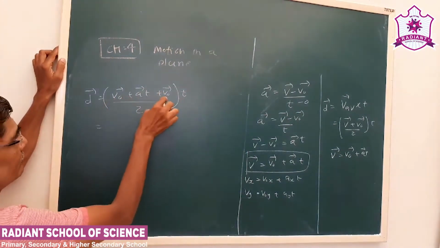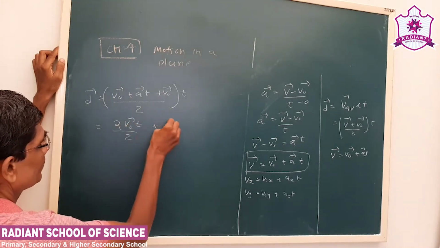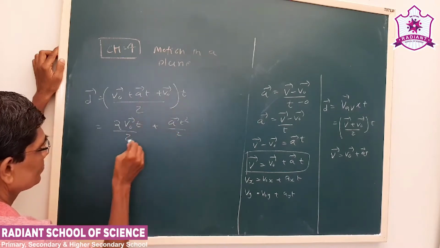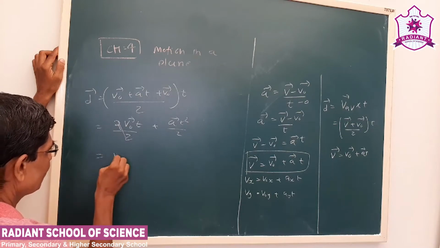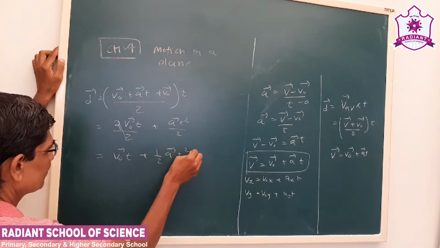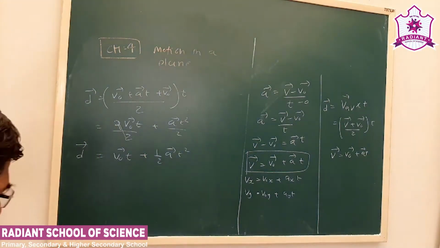Now 2v0 into t by 2, plus at square, that is 1 by 2 at square. That will make v0 t plus 1 by 2 at square. Now this is nothing but our displacement vector.